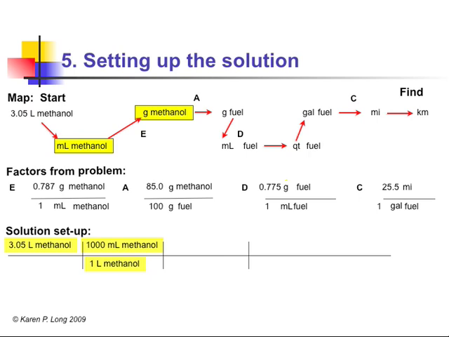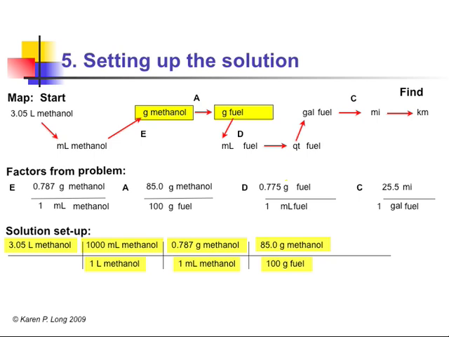Then we need to convert milliliters of methanol to grams. This is conversion E, which is our density. Because I mentioned that over the arrow, we have E. It's easy to find it. Then we go to the conversion between grams of methanol and grams of fuel, which is factor A, which we now put in.